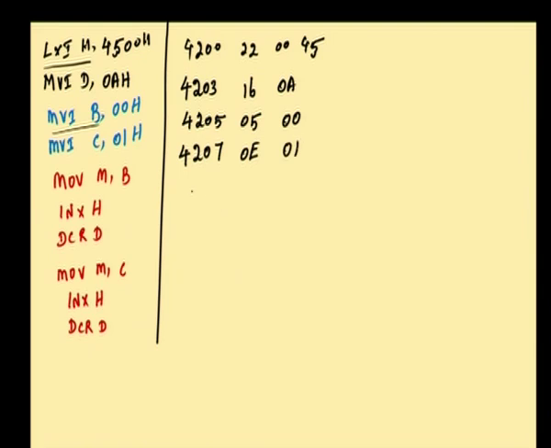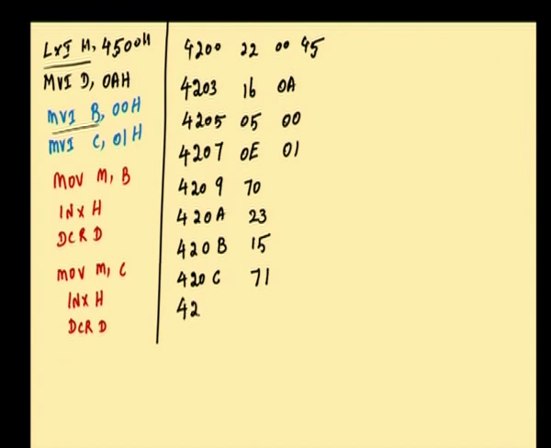Then I have to write 4209. For 9, the opcode for MOV M comma A is 77. 420A, the INX opcode is 23. 420B, DCR D opcode is 15. 420C, the opcode for MOV M comma C is 71.